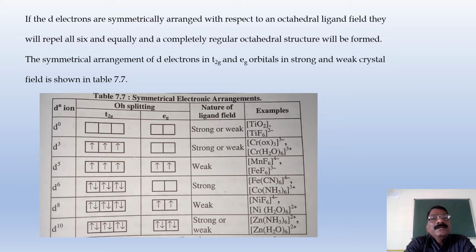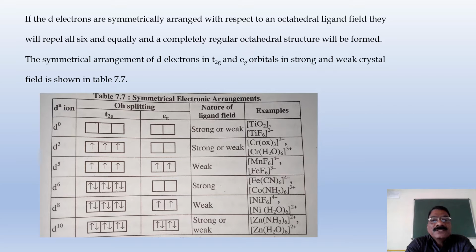If the d electrons are symmetrically arranged with respect to an octahedral ligand field, they will repel all 6 ligands equally and a completely regular octahedral structure will be formed. The symmetrical arrangement of d electrons in t2g and eg orbitals in strong and weak crystal field is shown here.